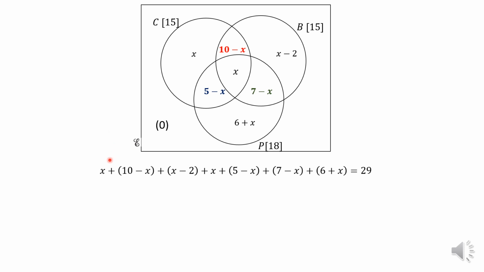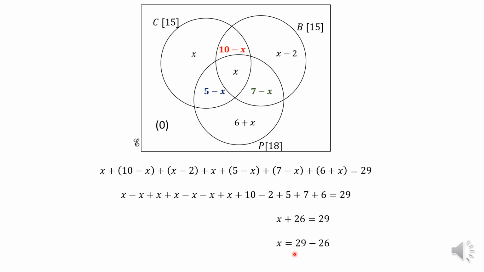So again, as I was saying, I'm going to add everything together and we'll let that equal 29. And if I clean this up here, if I collect all my x's to one side and all my numbers, I'm going to be left with x plus 26 is equal to 29. And for x to be alone, you realize that you're supposed to subtract the 26. Therefore, x is equal to 3. Therefore, the number of learners who are doing all three of the subjects is 3.